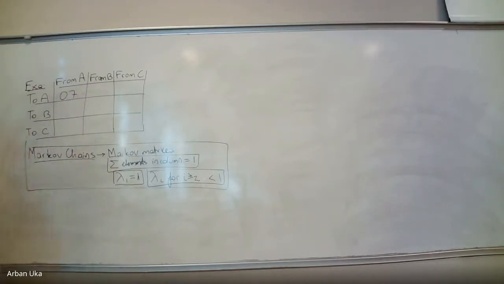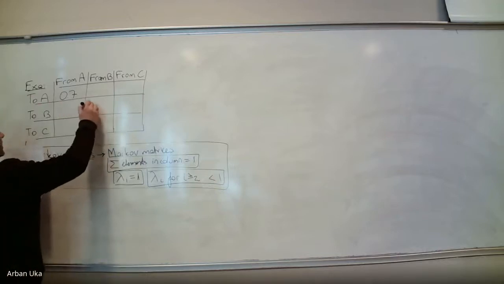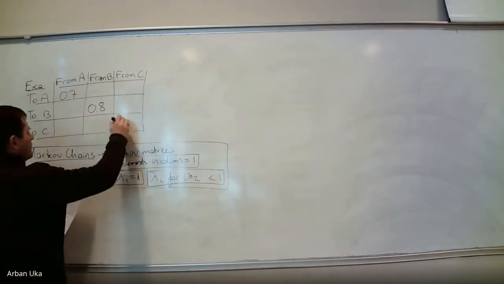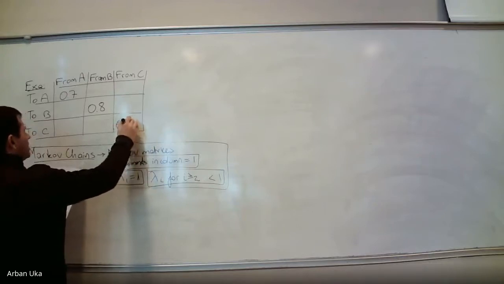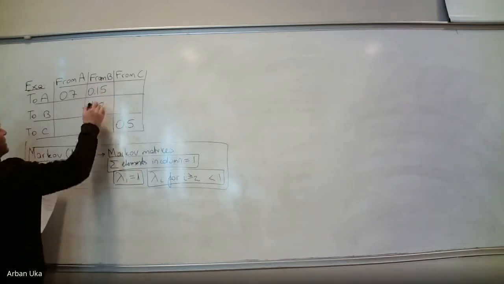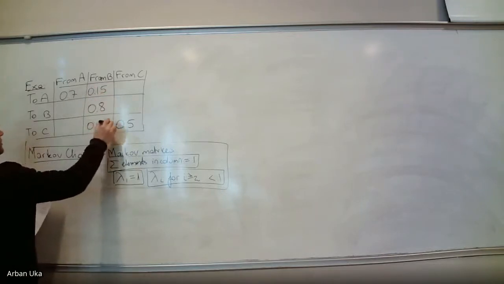So from A to A, 70% of the customers stay where they are. And B keeps 80%, so here we see 0.8, and here we have Company C, which is 0.5. Then we can get here 0.15, and this is 0.05.